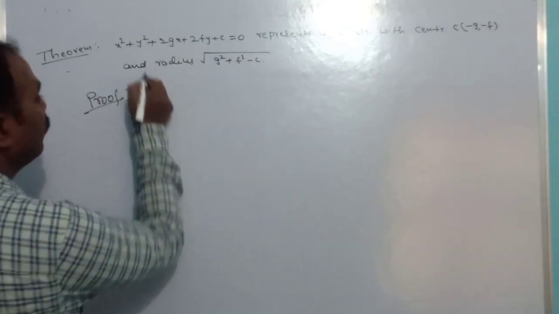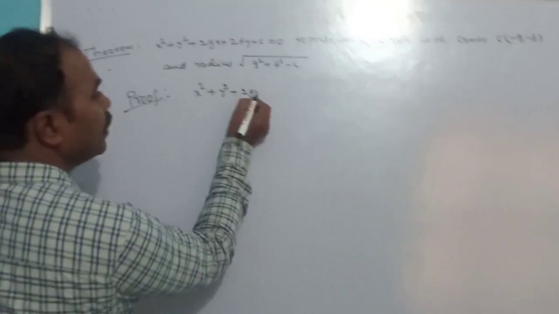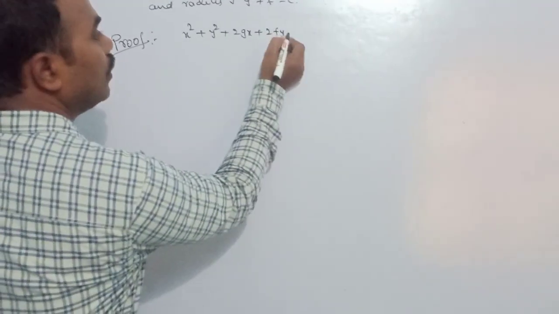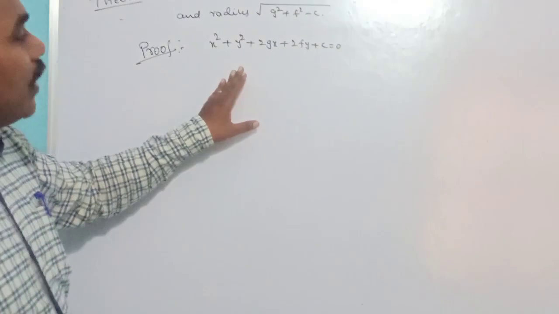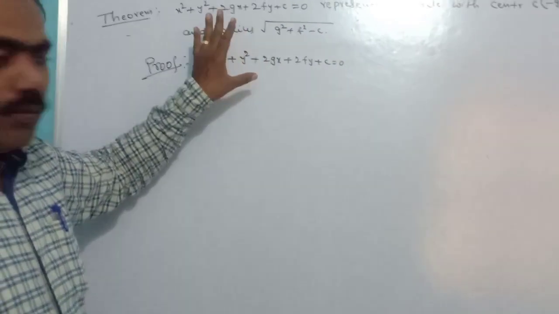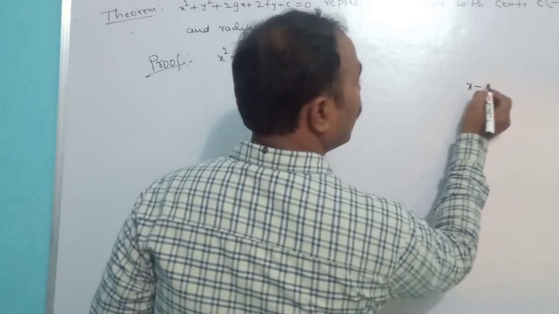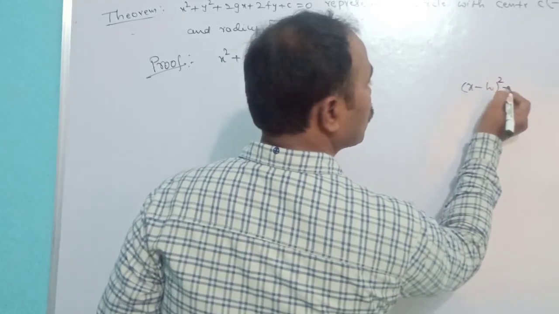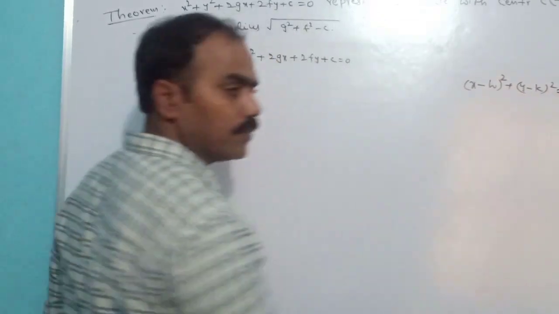The given equation is x square plus y square plus 2gx plus 2fy plus c equals 0. In order to find the center and radius of this circle, we need to change this equation into the form (x minus h) whole square plus (y minus k) whole square equals r square.